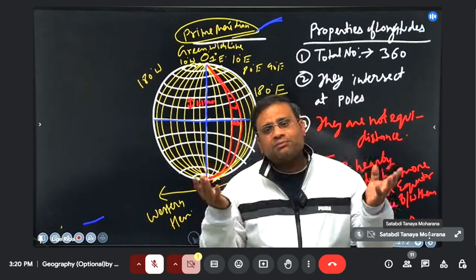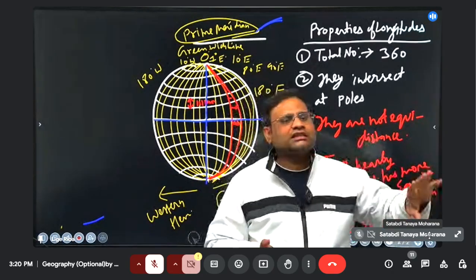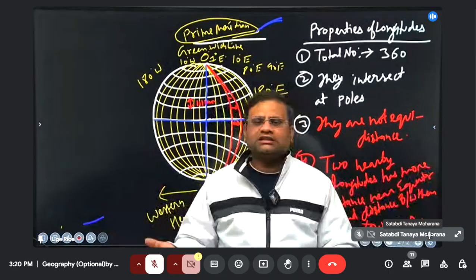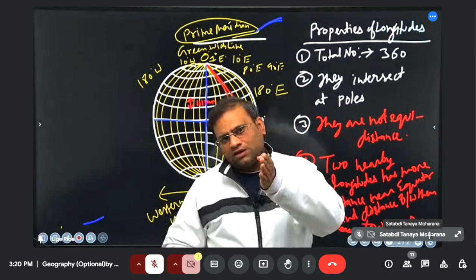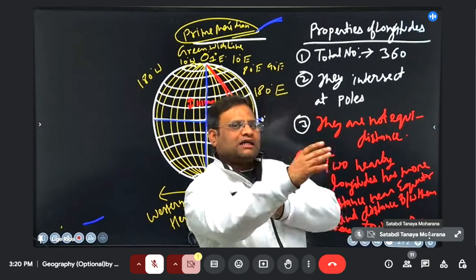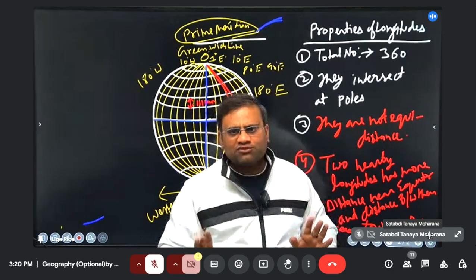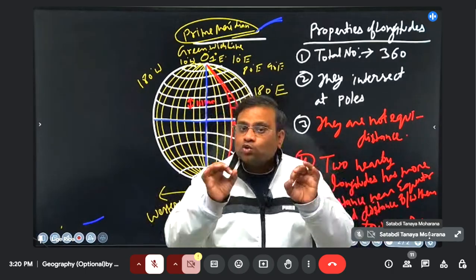Take that as a prime longitude or prime meridian. Left-hand side of it, say that is the eastern hemisphere, western side of it, the western hemisphere. With respect to the plane of that Kolkata longitude, measure other longitudes: 1 degree east, 2 degrees east. Did you get what I'm saying? 10 degrees west, 50 degrees west, 90 degrees west. You can do this.